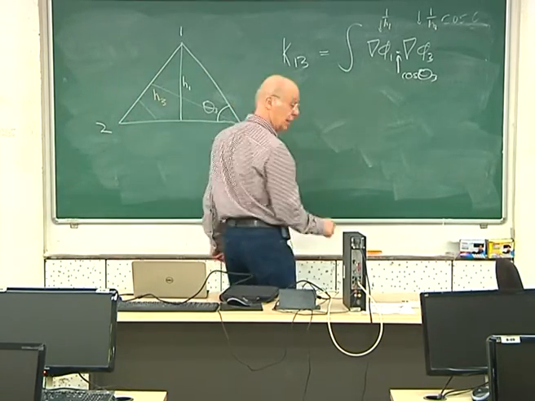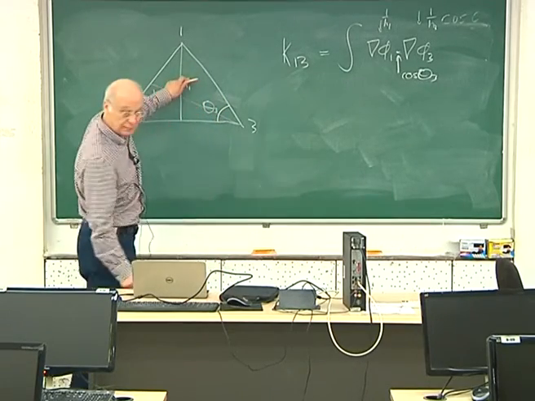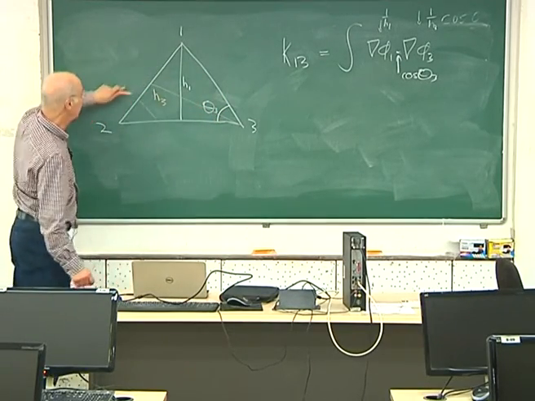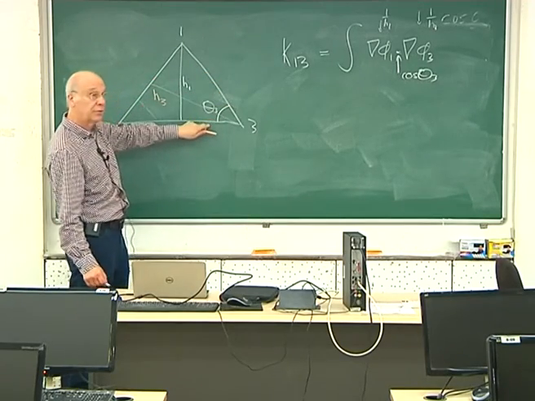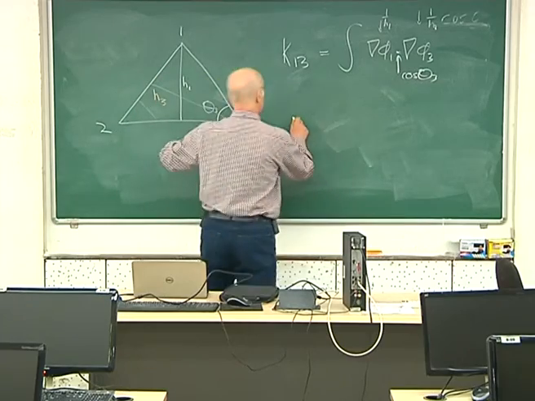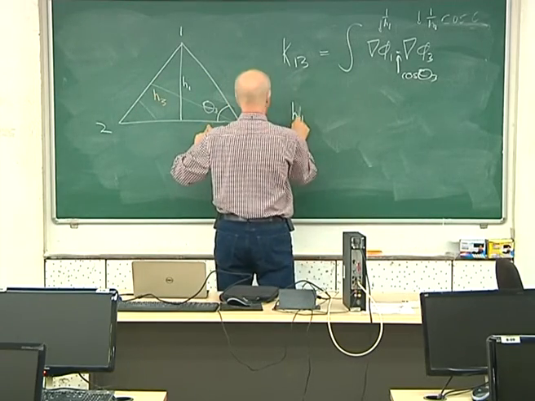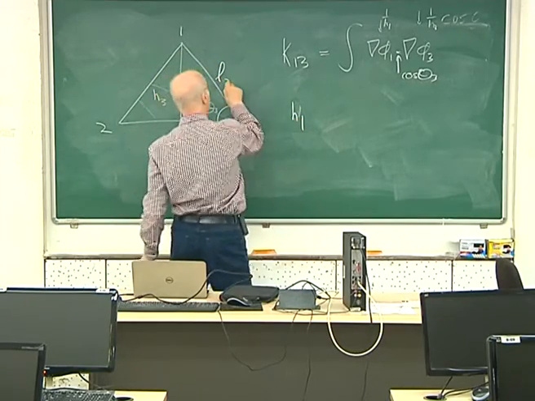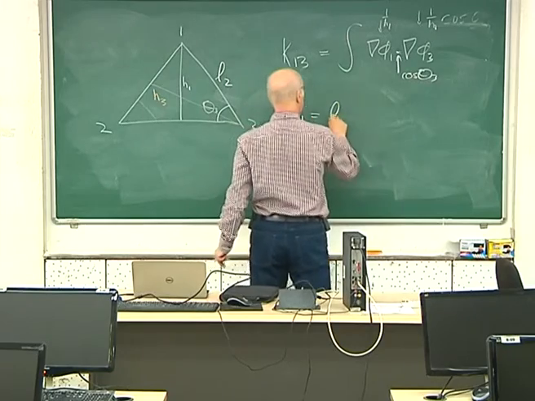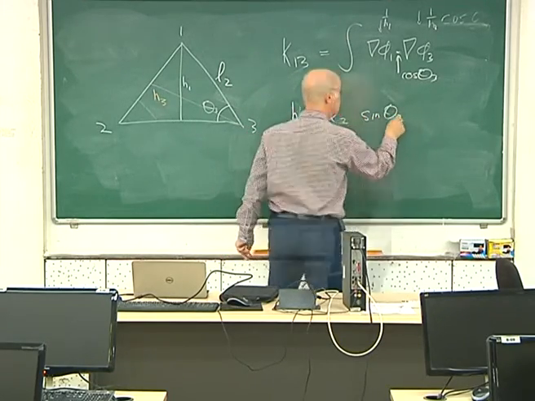And then, on the next transparency, I have done some algebra. The height 1 is the length of 2 times the sine of 3. Height 1 is this length of 2 times the sine of angle 3.